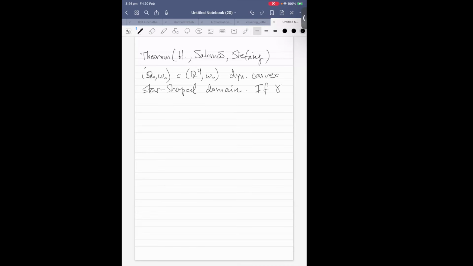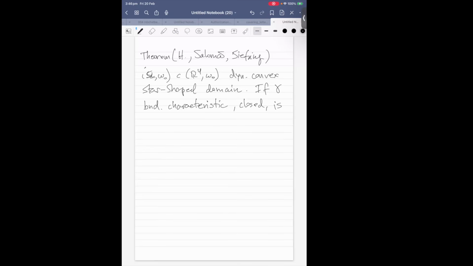If gamma is a closed boundary characteristic, this means a closed orbit of the Hopf flow in the boundary.